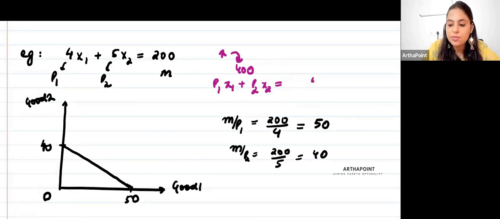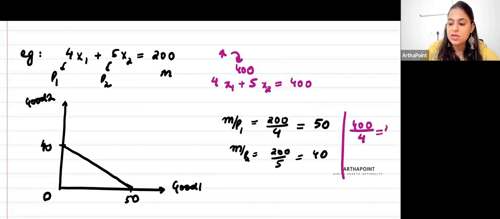What is your new income? New income is 400. Prices are unchanged. So this is still 4, this is still 5. What will be your new intercept on the x-axis? It will be 400 income by price of good x. It will be 100.